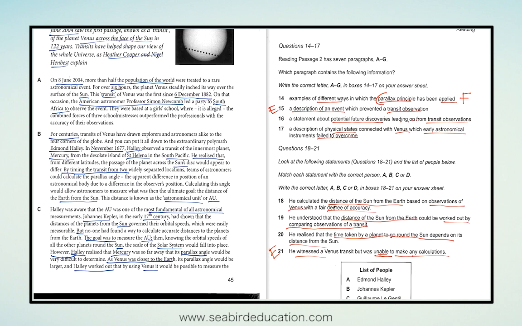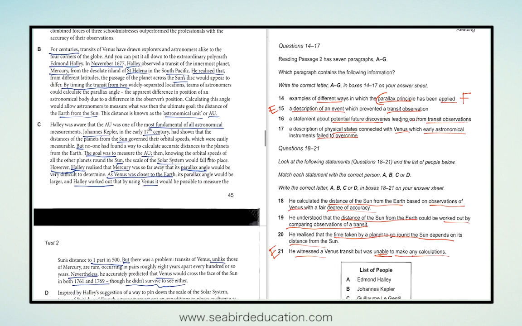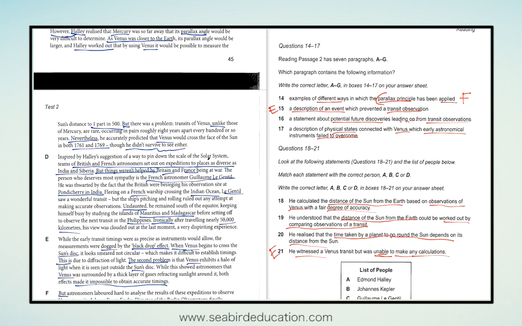A description of an event that prevented a transit observation. Let's just go back to E and see. They were precise. They were dogged by something which prevented transit observation. Prevented it rather than, okay, they couldn't get right timings, but they weren't prevented from it.